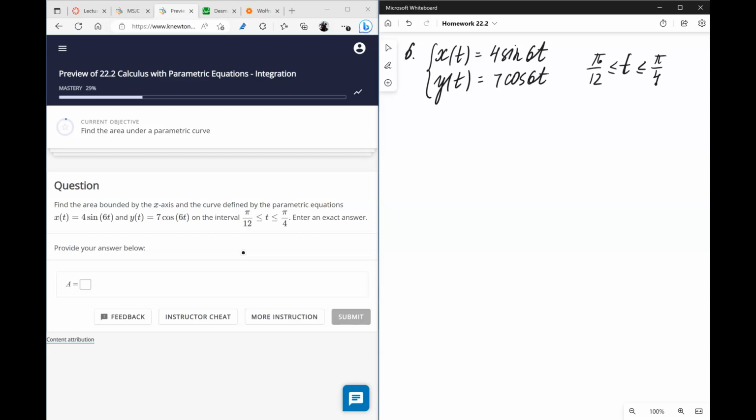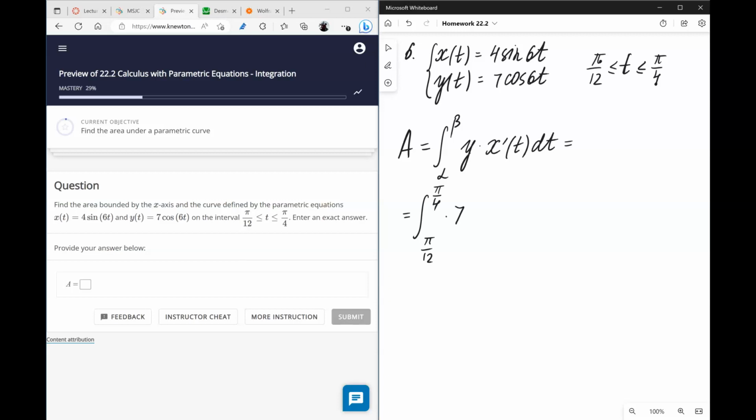So to find the area, we're going to use this formula. Normally it's y dx, but for parametric curves it's this way. So we're going to integrate from pi over 12 to pi over 4.